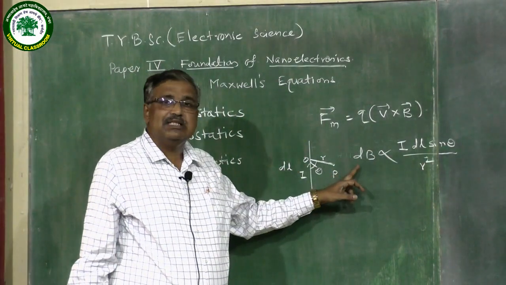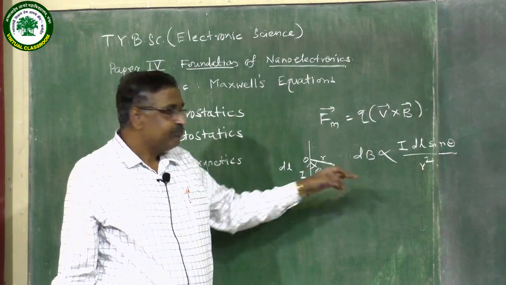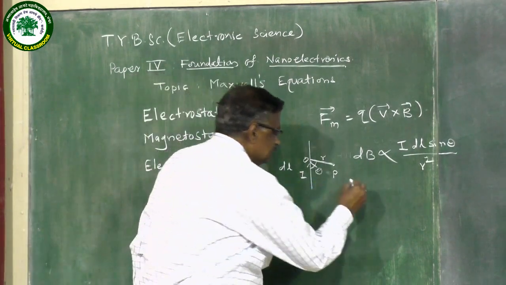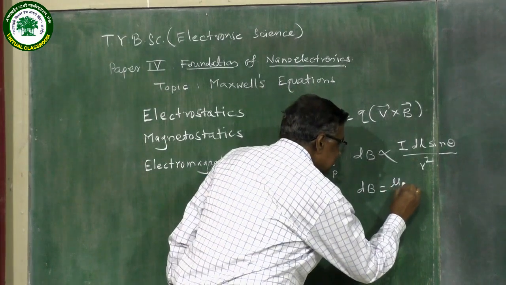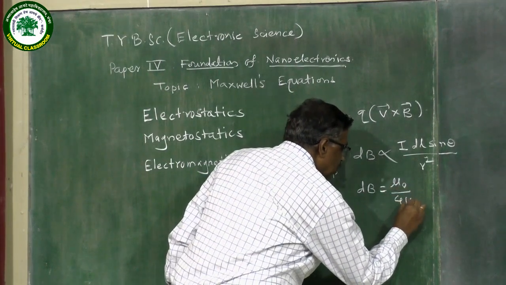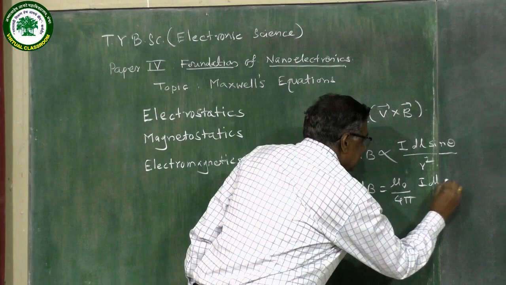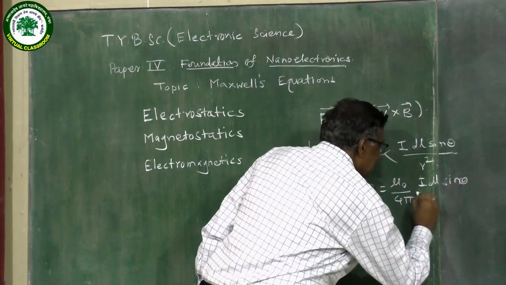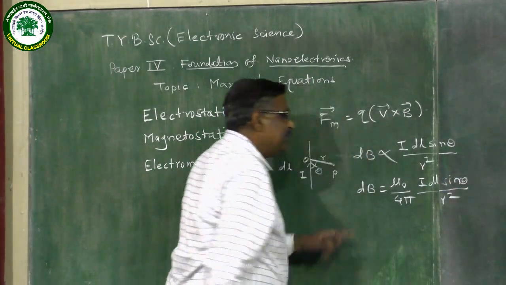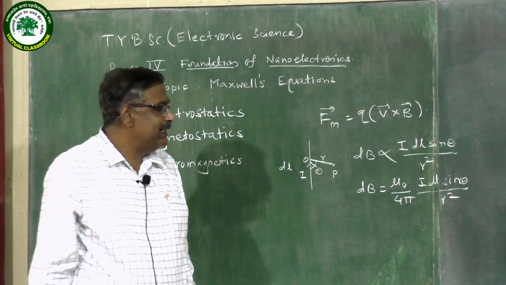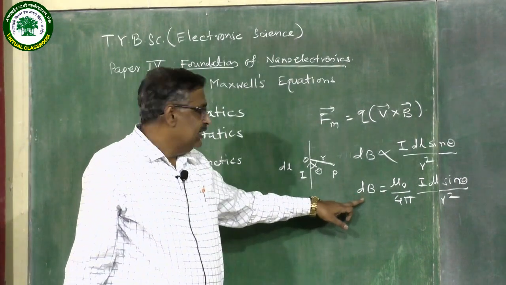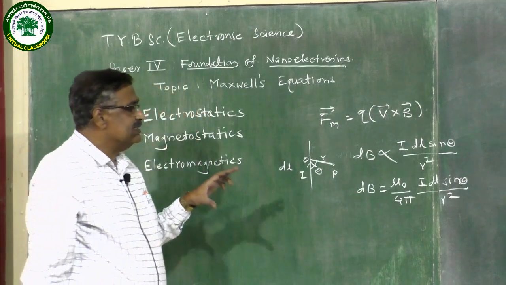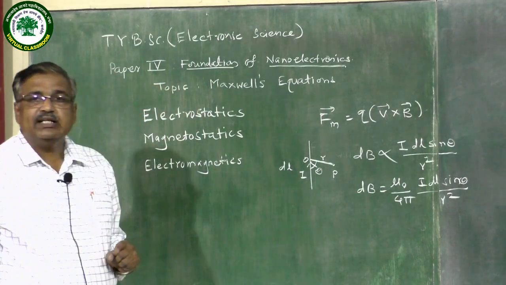According to this, dB can also be written, with the constant of proportionality added, as mu 0 upon 4 pi, I dl sine theta divided by r square, where mu 0 is the permeability of free space. So we get the expression for dB. This is another equation in magnetostatic theory.